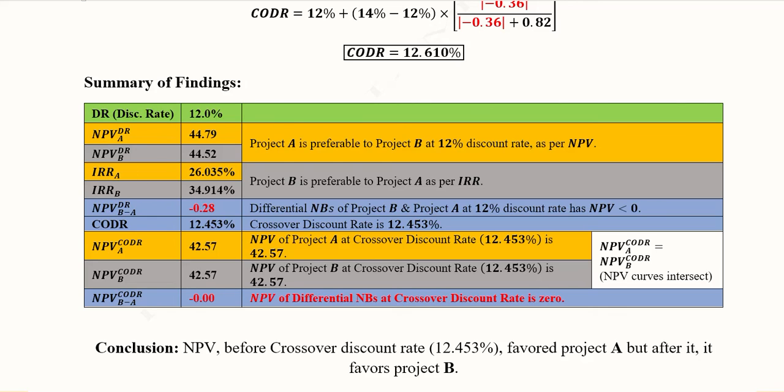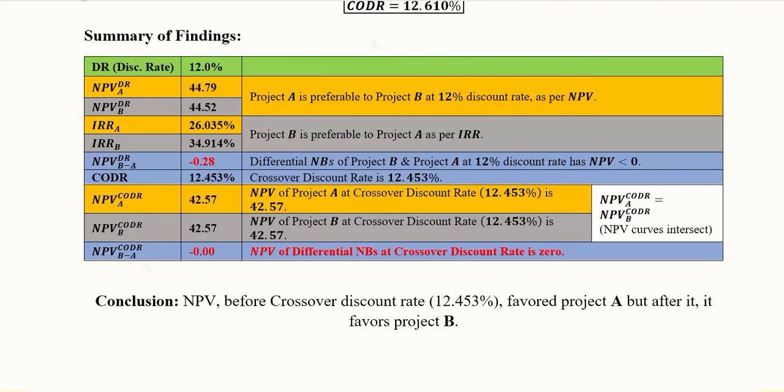And then IRR for both is calculated, and in this case IRR for project B is greater than for project A. So this means that now project B is preferable if we choose the IRR criterion. And we know already that these two criteria can go in opposite directions, so this is not a surprise.